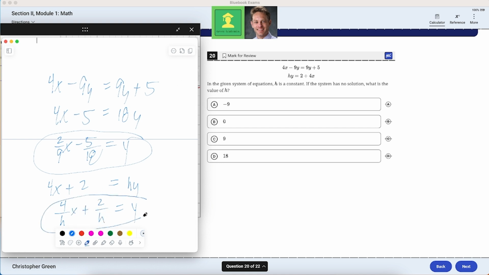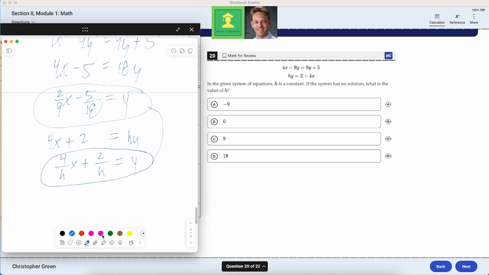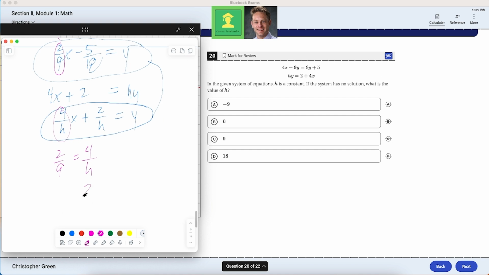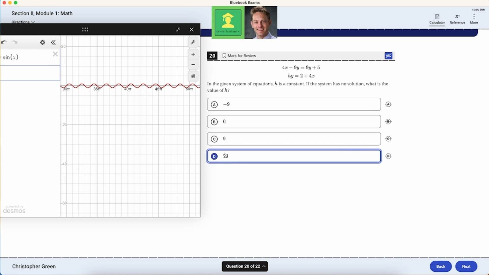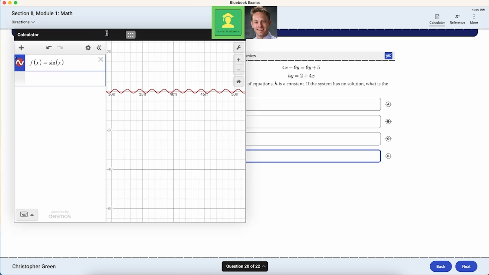Now, if a system of 2 lines has no solution, that means the lines must be parallel, because a solution is where they intersect. So if these never intersect, then this has to be this. So if 2/9 is 4 over h, 2h is 36. Answer is 18. Now, could you have achieved this also on Desmos?